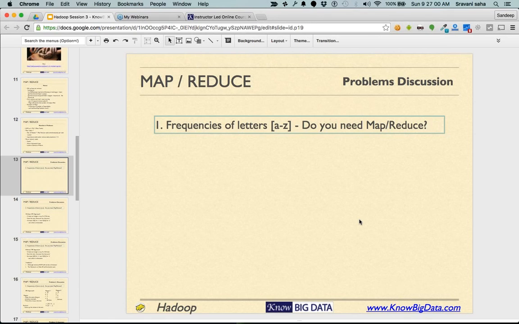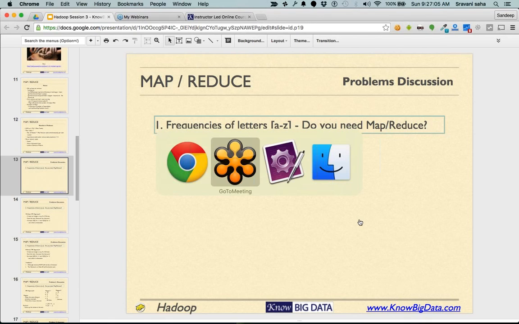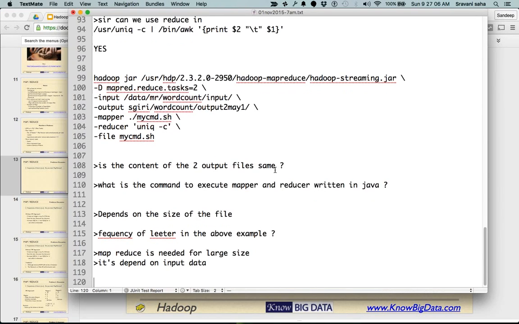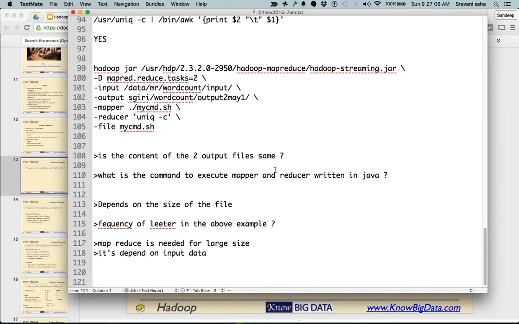On what size should we go for MapReduce, for 1 GB? Okay, so let me ask you this way. Up to which size is it okay to run on one node?